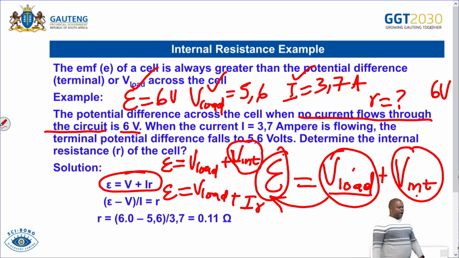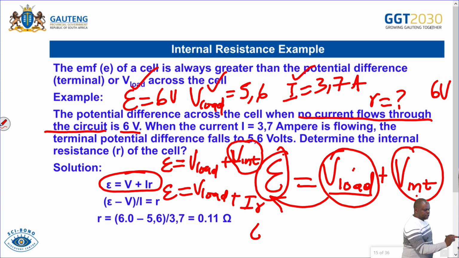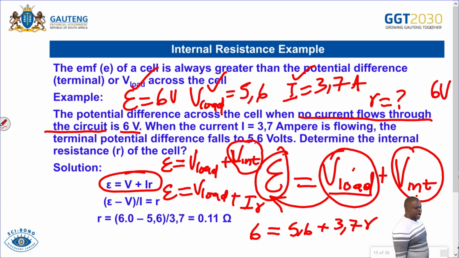Then, at grade 11, you need to substitute. We know E, we know V load, we know I. The only thing we don't have is small letter r, the internal resistance. So we have 6 equals 5.6 plus 3.7r.